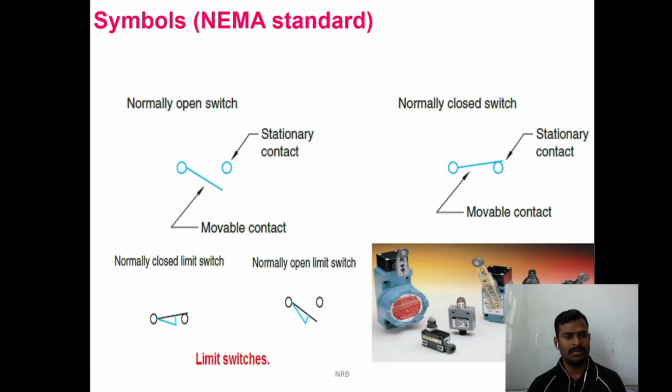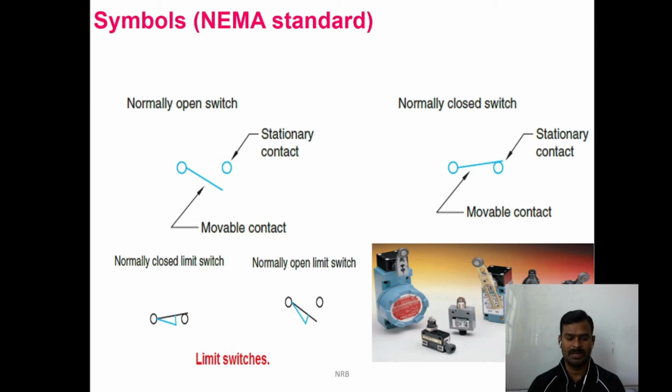The next one is about limit switches, mostly used in conveyor controls and cylinder movements in actions like hydraulic presses and pneumatic presses and so many other applications as well. The electrical limit switches are placed at one particular point where you need to stop the particular operation.